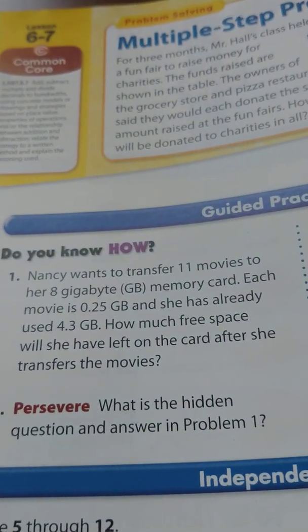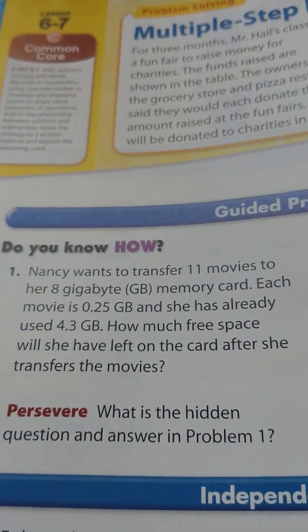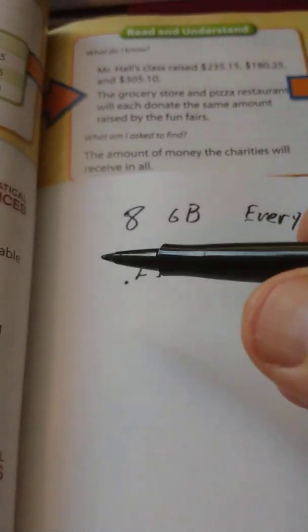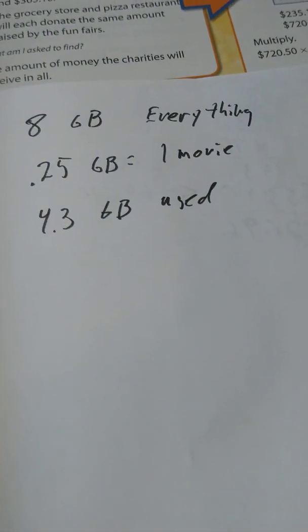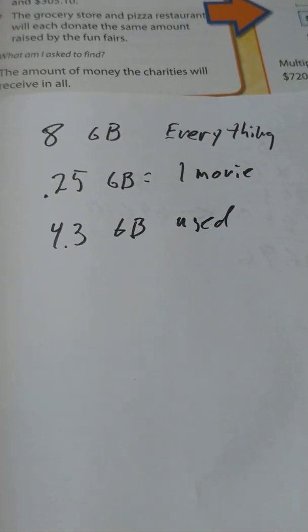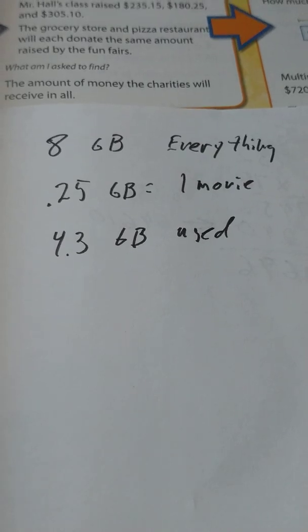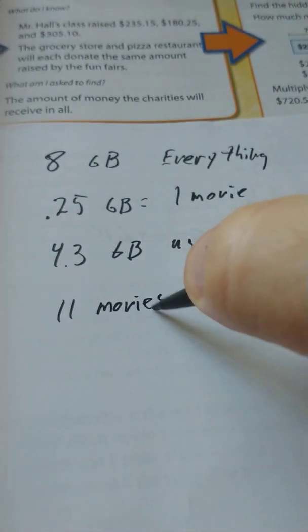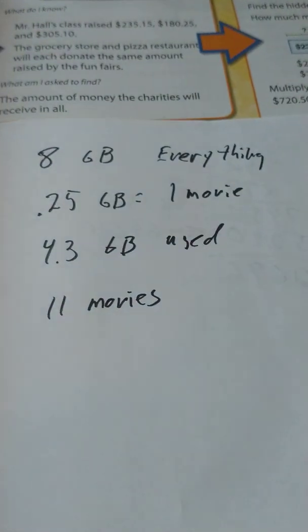And 4.3 gigabytes is what's already on the disk. It's already full. 4.3 has already been filled up. 4.3 gigabytes is already used. All right. And she wants to do how many movies? She has 11 movies to transfer. Goodness, there are many layers to this question.